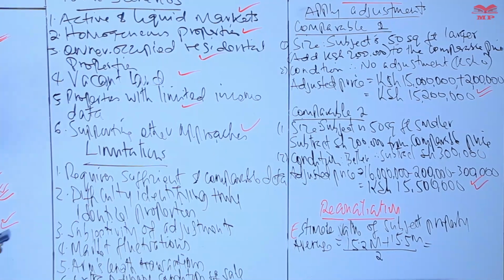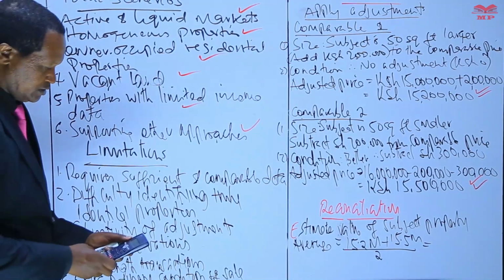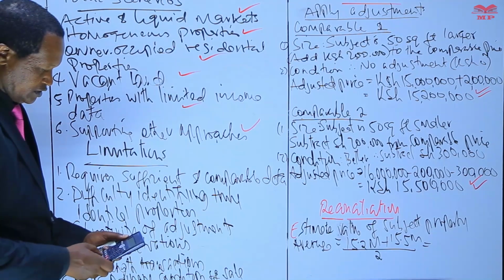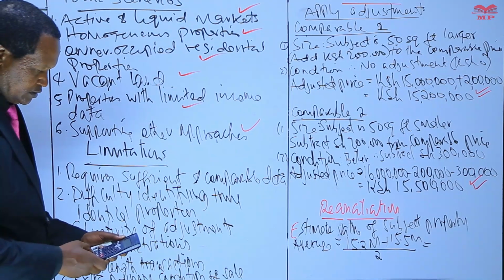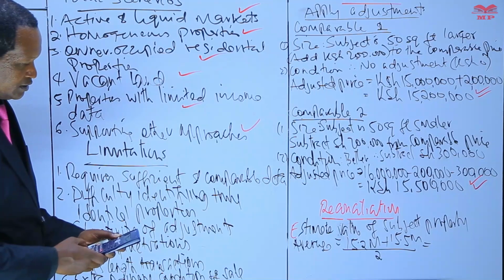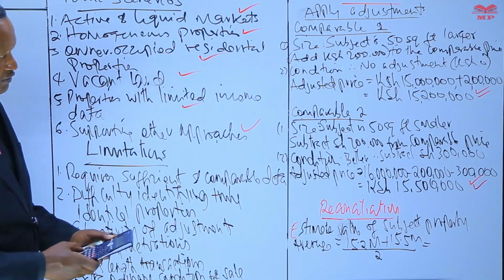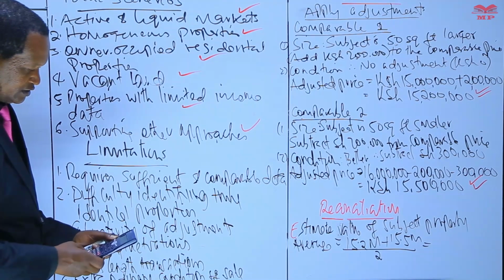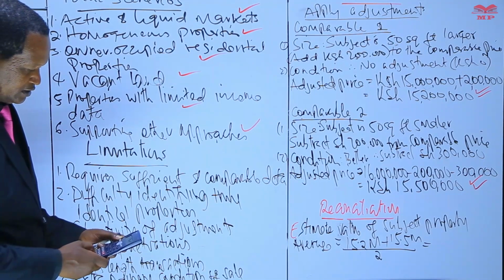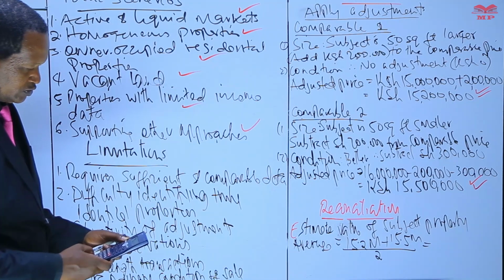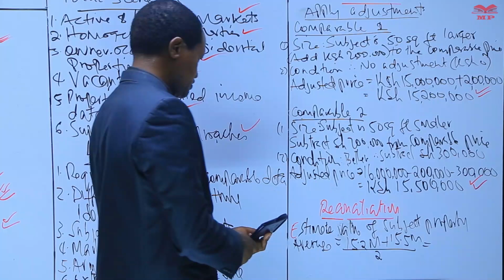15,200 plus 15,500 divided by 2 gives 15,350.